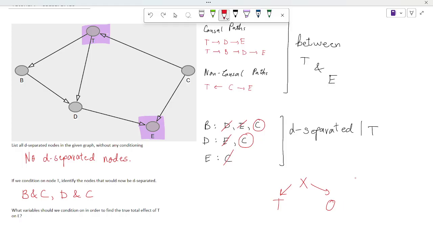These paths are caused because of forks being present. And one thing that we understood about forks at the beginning, which I'm quickly going to reiterate as well, is that when you have a chain, so A goes to B, B goes to C, so A and B are dependent on each other, but that dependence is going to be causal, so you don't need to condition on B. At the same time, if B was acting as a fork instead of a chain, and a fork means like it was the common cause of both A and C, so in that case, you will observe an association between A and C, but that association is probably not causal.